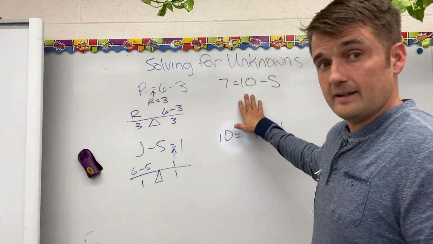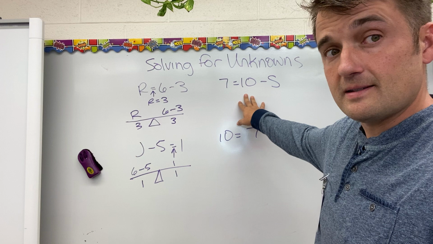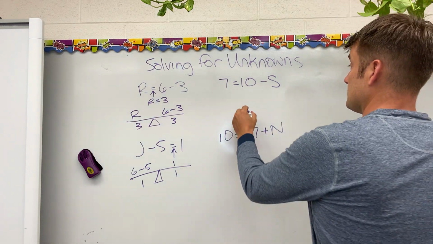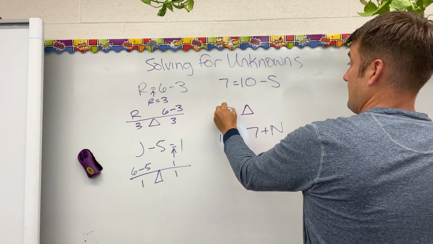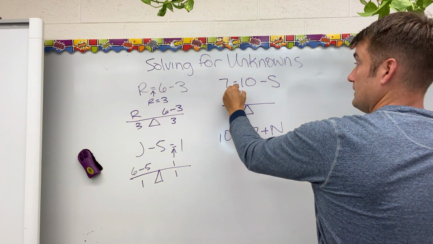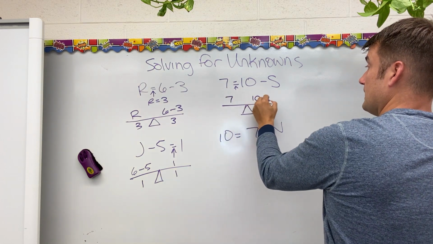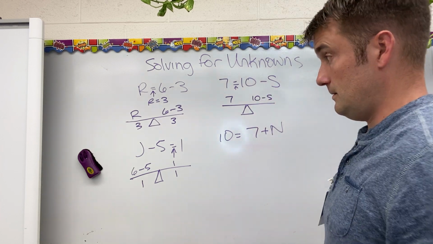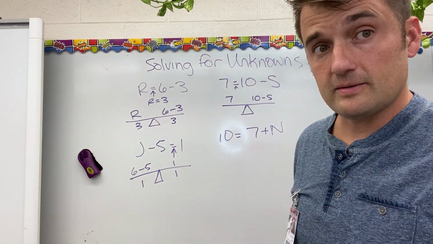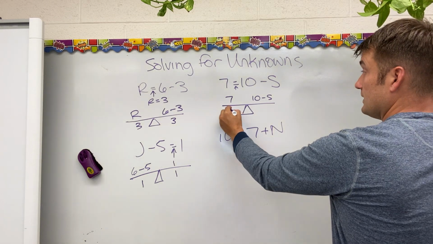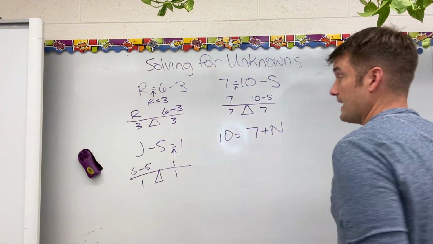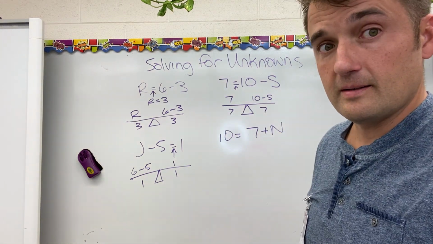Here's another. 7 equals 10 minus s. Okay, so here's my seesaw. Equal sign. This side is 7. This side is 10 minus s. The 7 is all by itself. If this side is 7, this side has to be 7. Okay?